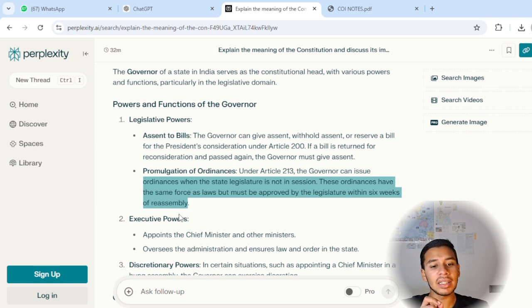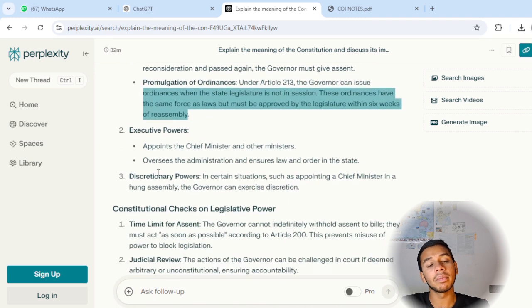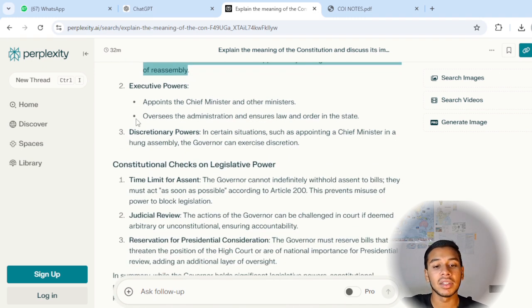These ordinances have the same force as laws, and must be approved by the legislature within 6 weeks of reassembly. After being implemented and continued for 6 months, it can actually be implemented by terminating the old one. Or if this one is an advanced version of the previous one, then both of them can be put out there to help people. Yeah, this is the power of the governor.